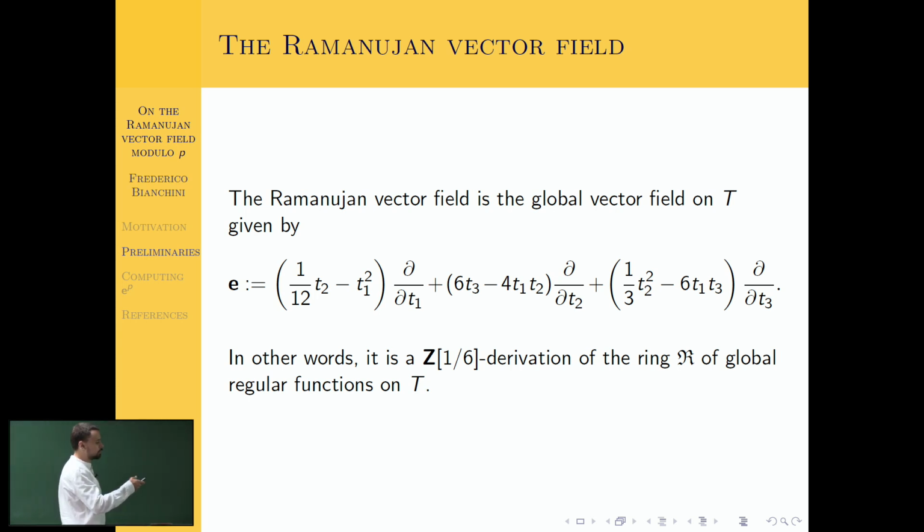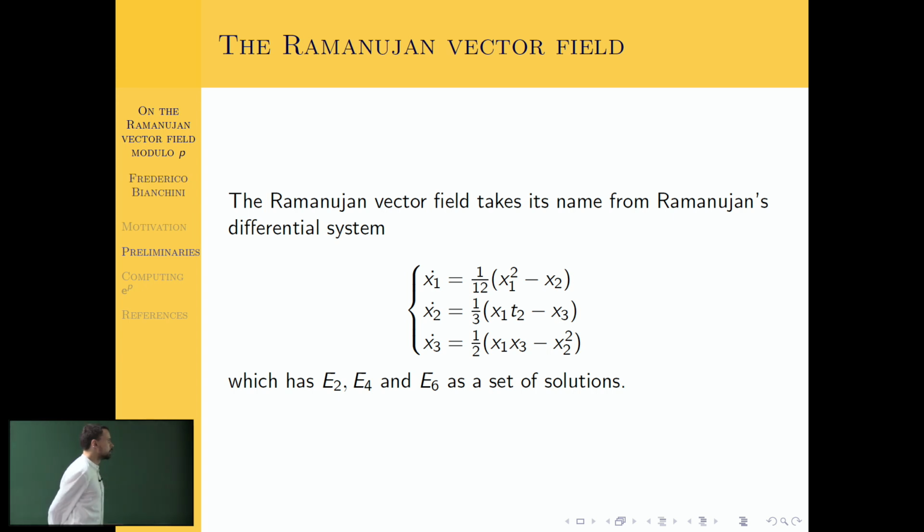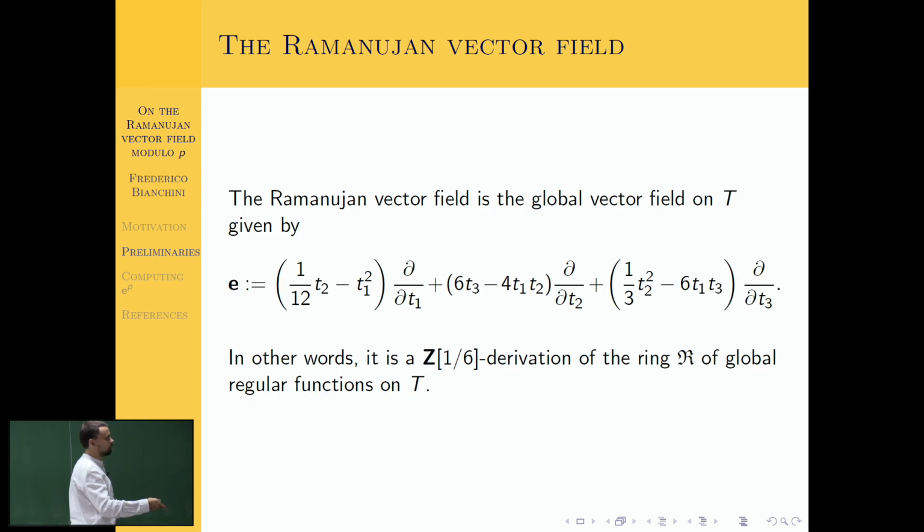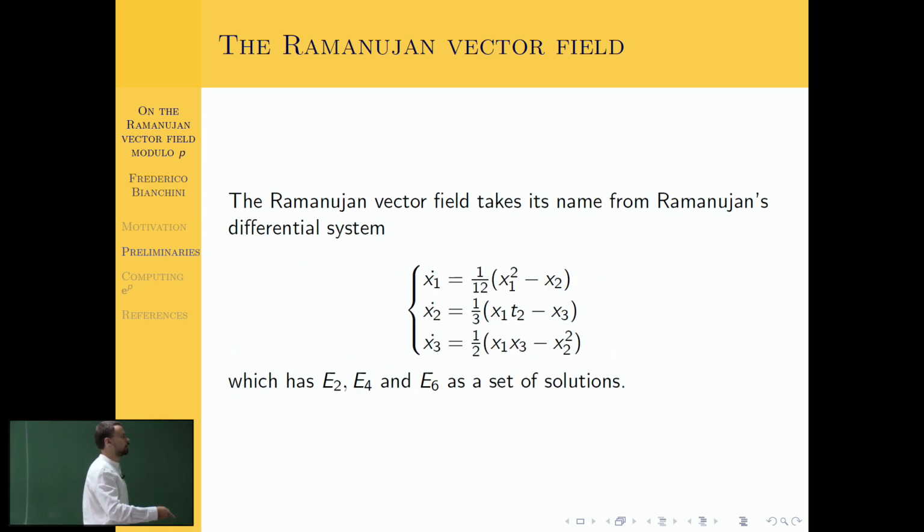But you will see that the coefficients are a little bit different, and that is because we do a little bit of a change of variables, but it's the same as the differential system defined by Ramanujan, okay? Which is this one, yeah. I forgot I put this slide. So this is the Ramanujan system, and you will see that this vector field is a little bit different, but it's just a change of variables, okay?